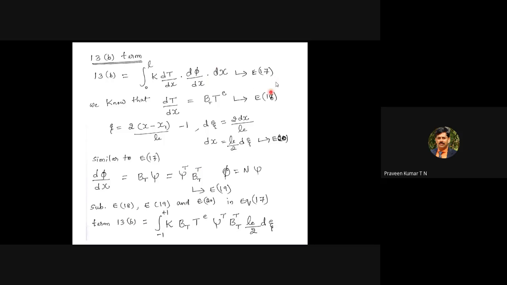Finally, equation 13 becomes this equation. K remains the same. dT by dx is replaced by the B matrix for heat transfer into Te, and dφ by dx is replaced by ξ transpose into B transpose. dx is replaced by Le by 2 into dξ.